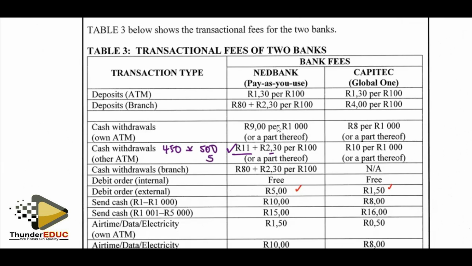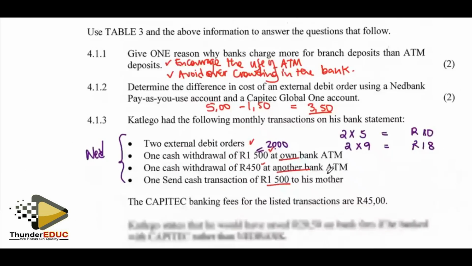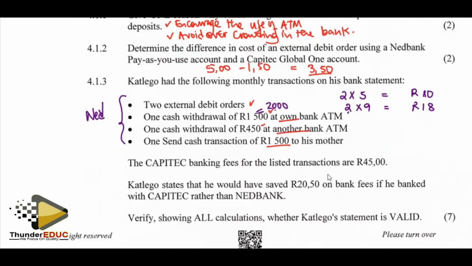So how many hundreds? There are 5. So it will be 11 plus 2.3 times 5, where the 5 comes from the hundreds that we are seeing, which is 22 rands 50 cents.